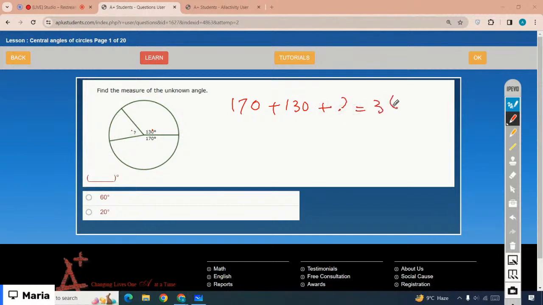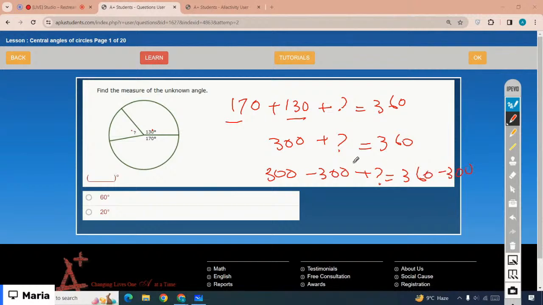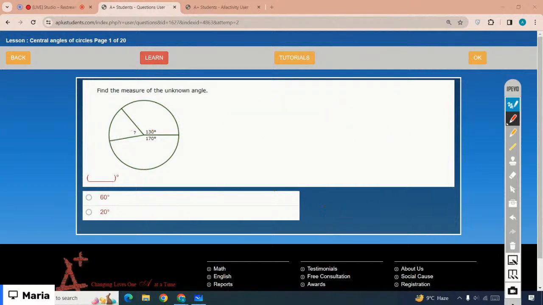Their sum must equal 360. So just add them: 170 and 130 is 300, plus the missing angle equals 360, right? Subtract 300 from both sides, so you are left with 360 minus 300, which is 60 degrees. That means the missing angle equals 60 degrees. The correct option is 60 degrees.